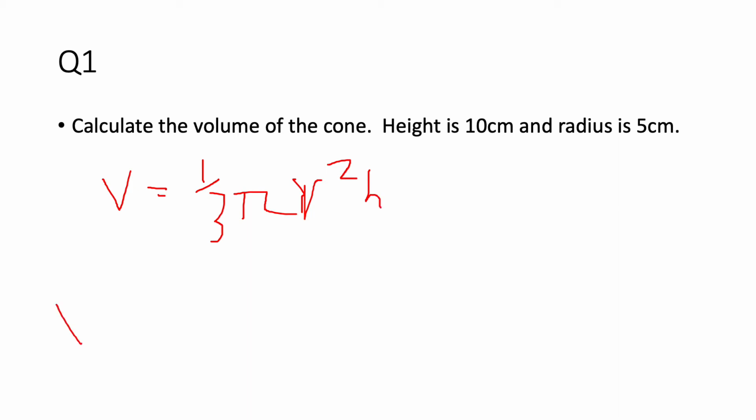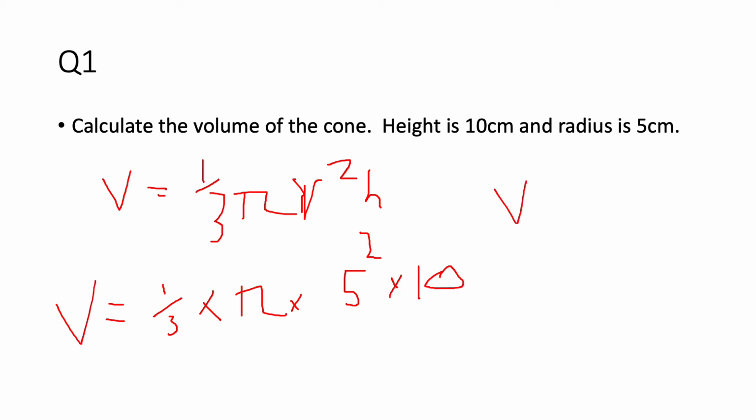So the volume is going to be 1/3 times pi times 5 squared times 10. 5 squared is 25, times 10 is 250, so V equals 250 times a third, over 3 pi centimeters cubed.